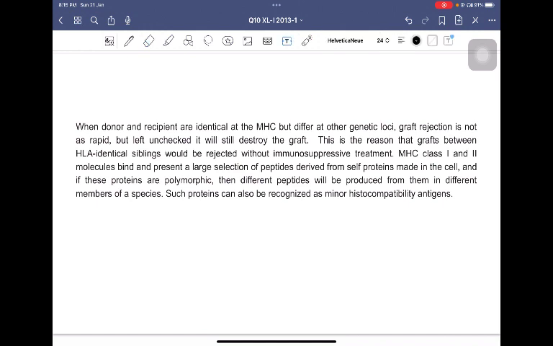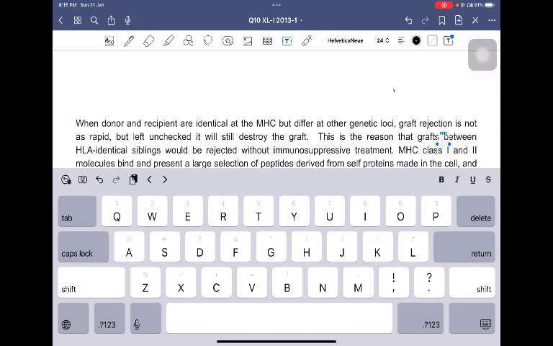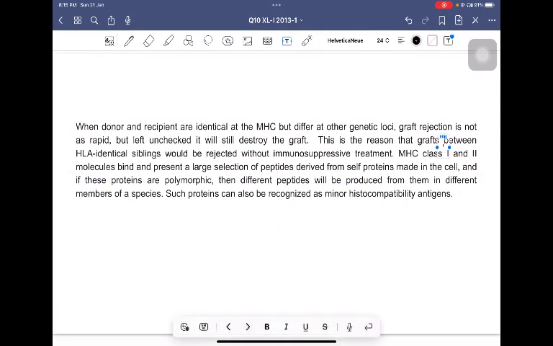It will not be very rapid, but the graft rejection will ultimately occur. So we need to put the patient on immunosuppressive treatment.